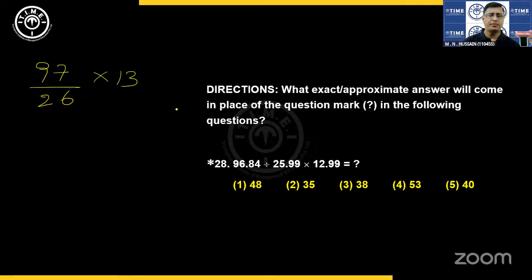Simplify. Now exactly 13 in 26, it goes 2 times. So 97 by 2. 97 by 2 is equal to how much? The nearest value. What is the nearest? 48. Option number 1. First choice is the right answer.